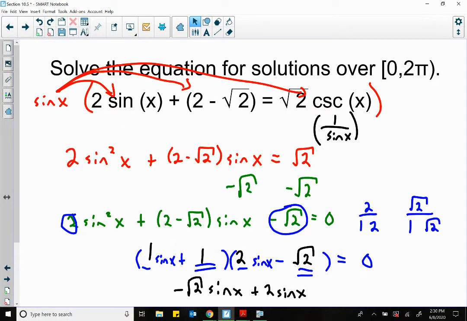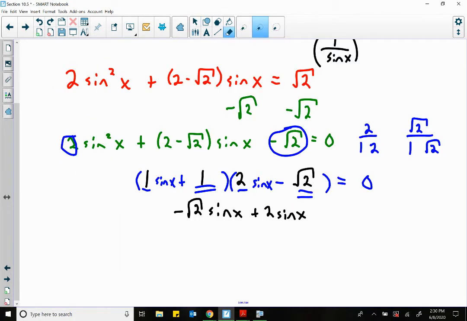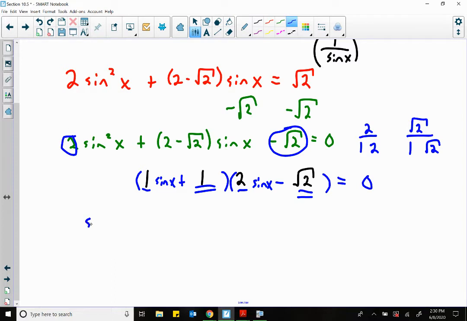And now that we have it factored, we can solve. Because all we're going to do is take these pieces and set them equal to 0. I'm not going to put the 1 in front of this sine. So sine x plus 1 equals 0. And then over here you have 2 sine x minus the square root of 2 equal to 0.